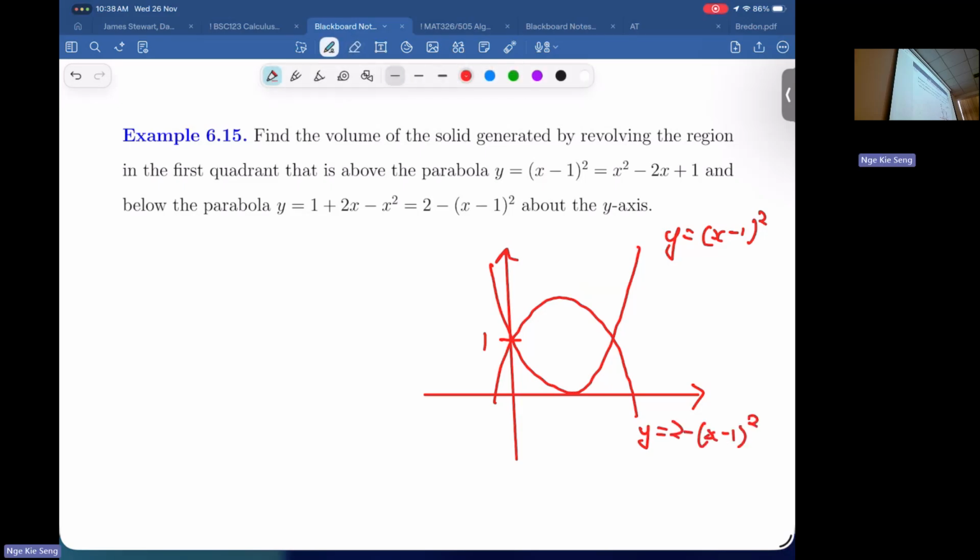We want the volume generated by the region in the first quadrant that's above the first parabola and below the second parabola here, revolved around the x-axis. Okay, so the x-axis is like the y-axis.